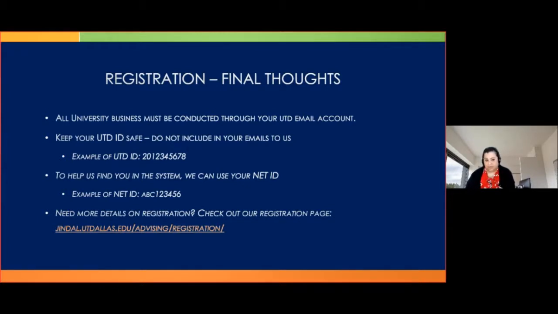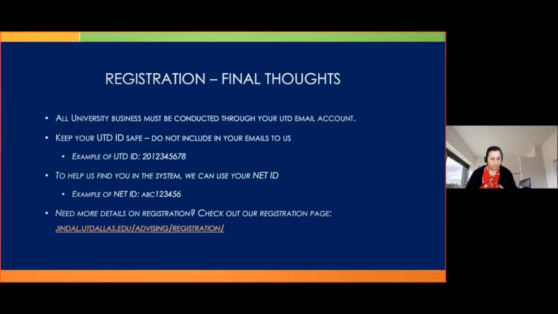And then I know that as a UTD student, you receive two IDs, right? One is called the UTD ID, which is the one that starts with 20 and just has numbers. The other one is called the Net ID, which is essentially your initials followed by some numbers. Now, there's a difference in how you use these. Whenever you communicate with us via email for assistance with registration, for example, don't use the UTD ID. Keep the UTD ID to yourself.